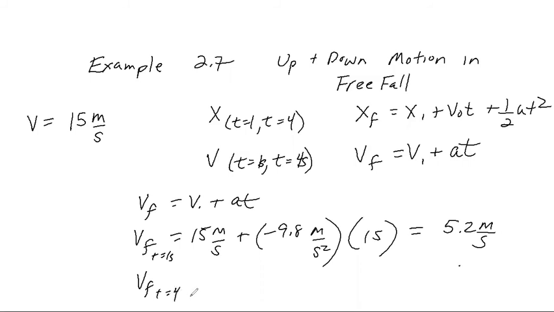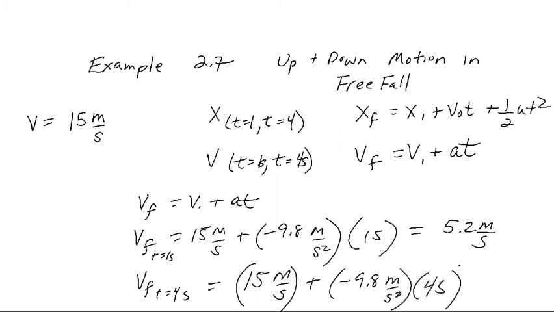T equals 4 seconds. It's going to be the same procedure, 15 meters per second, and we already know it's going to be in the negative direction, right? Because we solved for that position. The ball is going down at this point. Plus a negative 9.8 meters per second squared times 4 seconds.